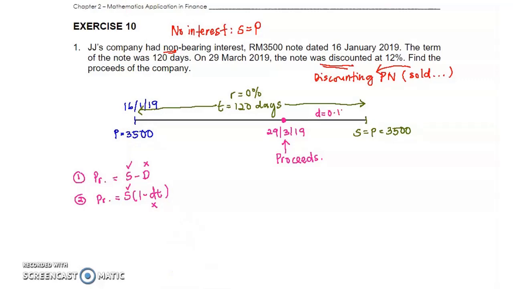The discount period must be between the discounted date and maturity date. The discount date is somewhere around here, so from 29 March until the maturity date, this we call the discount period.